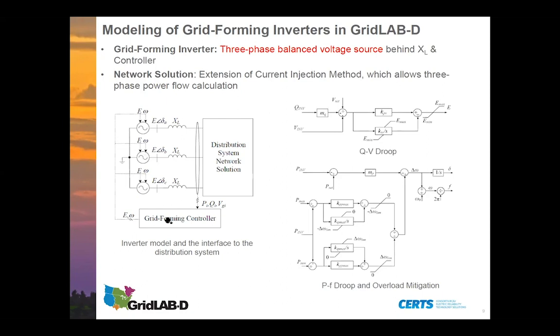For the grid-forming controller here, we adopt the droop control because it's already been well studied in previous microgrid research. So we implement the grid-forming control here, the QV droop, the power versus frequency droop, and the overload mitigation controller that I just introduced. And for the distribution system network solution, GridLAB-D uses an extension of the current injection method, so it allows a three-phase power flow solution.